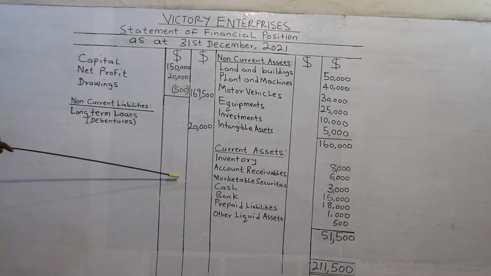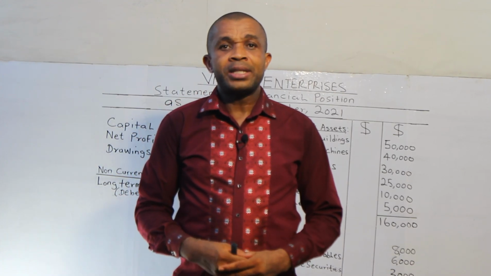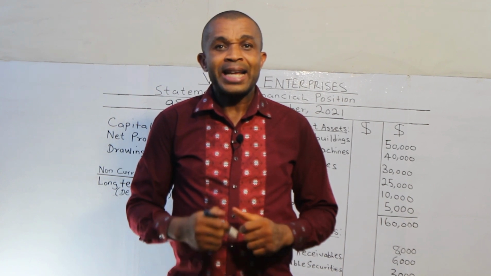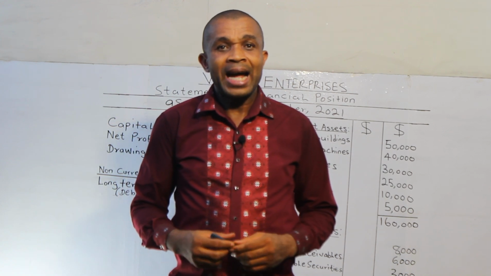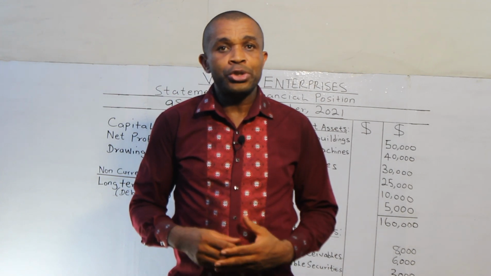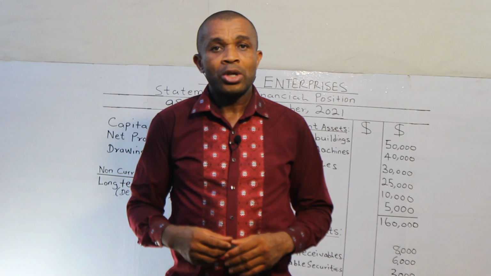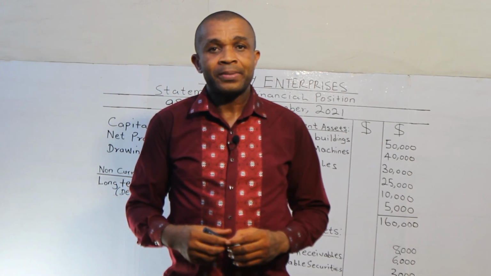The current liability constitutes short-term finances to the business. The current liabilities are those liabilities that are expected to be offset within one accounting period. They also constitute part of the way through which businesses are financed.